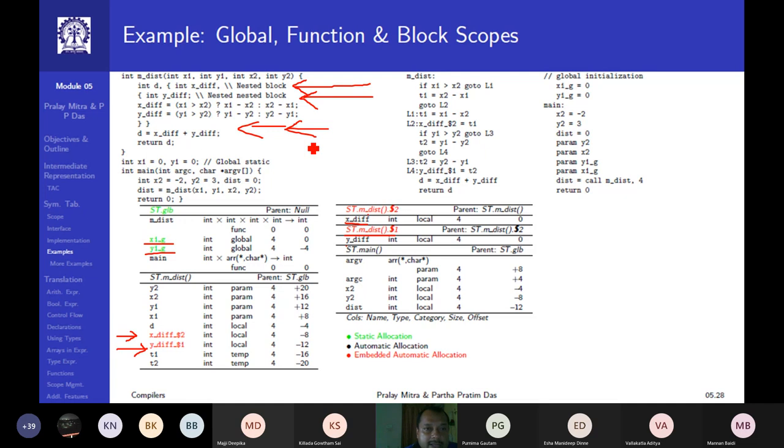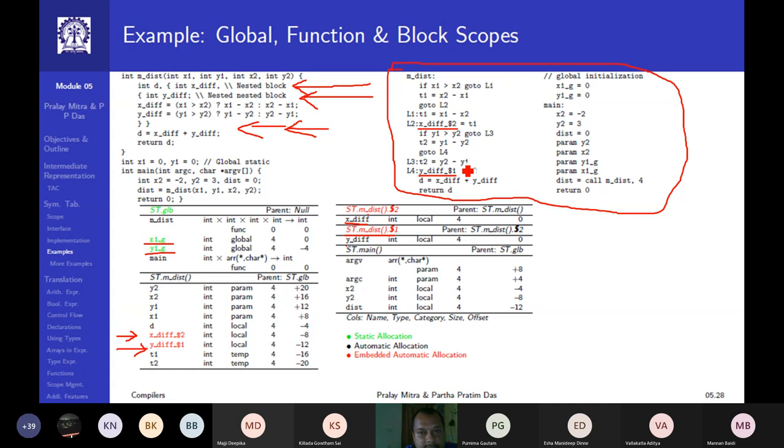Now, please note that because of the incorporation of the two blocks by this opening and closing brace, we are not making any change to the 3 address code. Do we? Yes, we do, here and here.